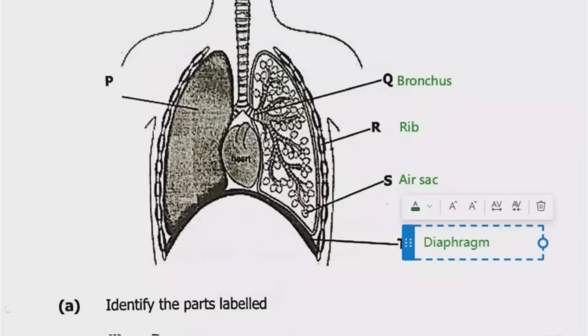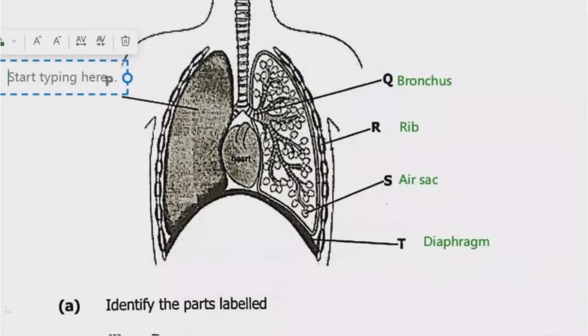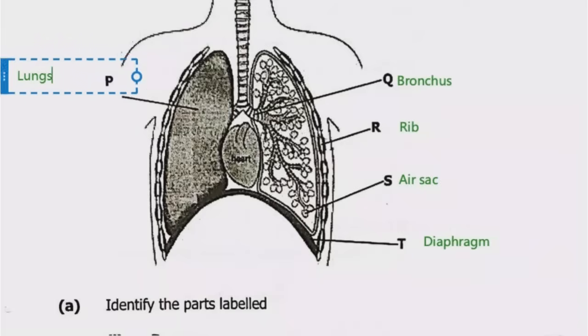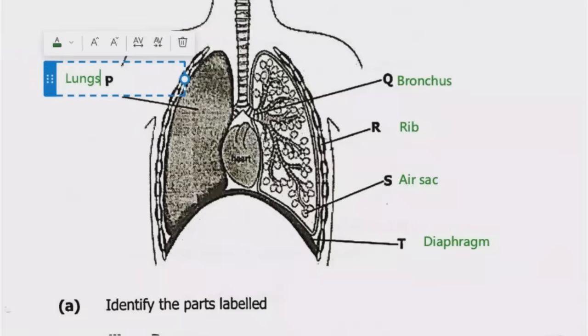Then P, what is the name of the part labeled P? That is lungs. Okay. So let me not even call it lungs, because if I put it in plural, that is a lung, one.